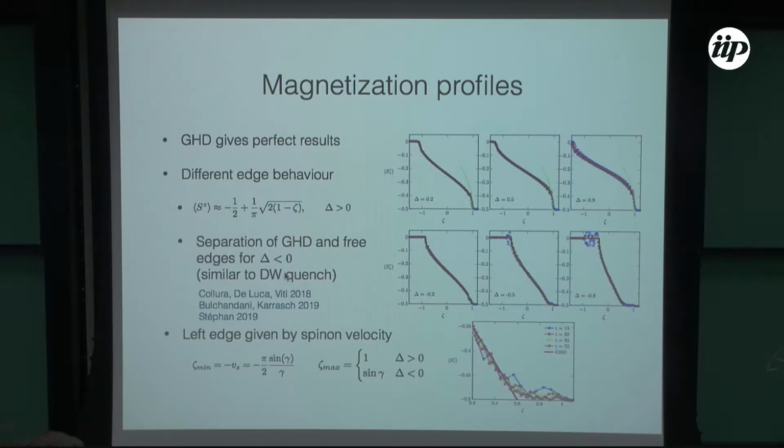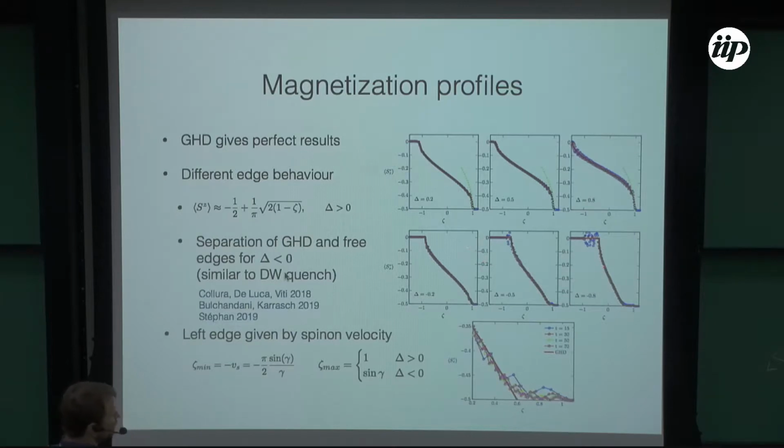So there is no separation, and as you see, the GHD prediction, basically, if you don't magnify the curve, for all of these curves you see that there is very nice agreement between the GHD and the DMRG. But there are these issues for attractive interactions.